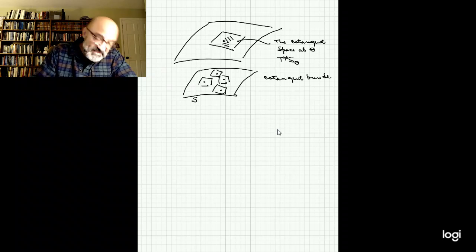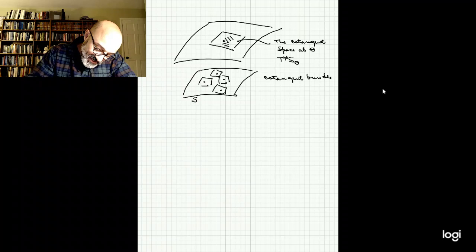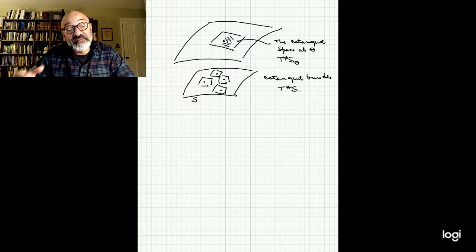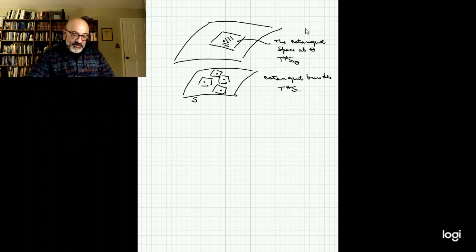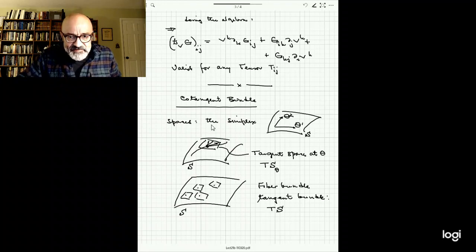It's a bundle of cotangent spaces attached to the base manifold, and that's written as T star S. Why do we care about the cotangent spaces? These are momenta, or they will be momenta once we're through with them. Very good.